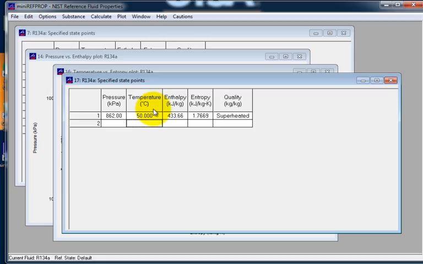The software helps you. You can say, well, I know the entropy is 1.767, and the temperature is, I forget, negative 6 degrees. It tells you, oh, it's superheated, and there you go. Now you wonder why we don't show this to students in Thermo 1.